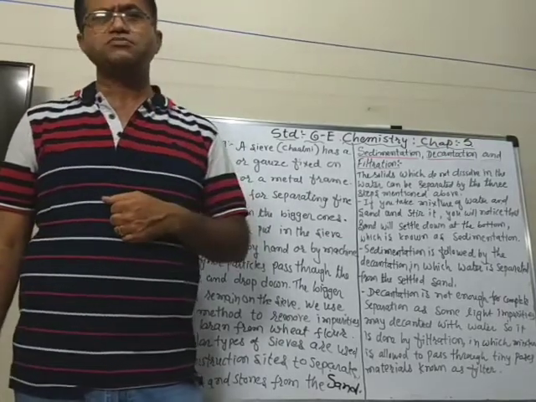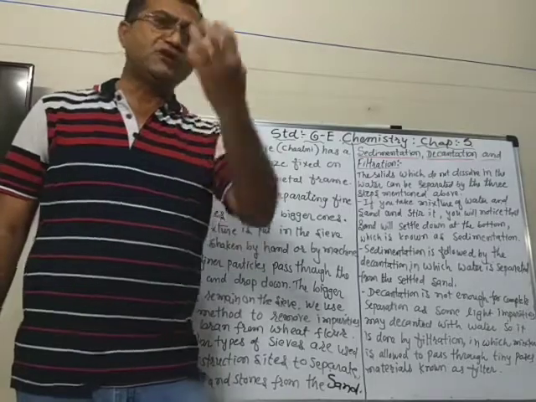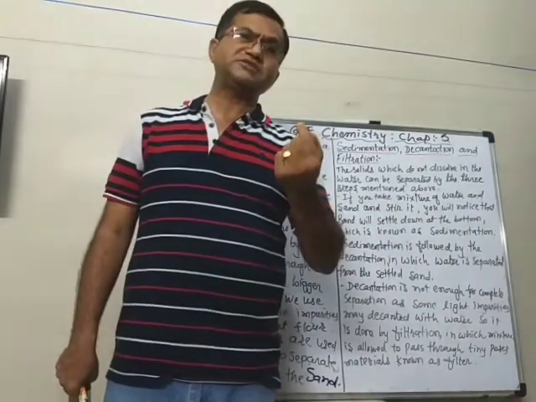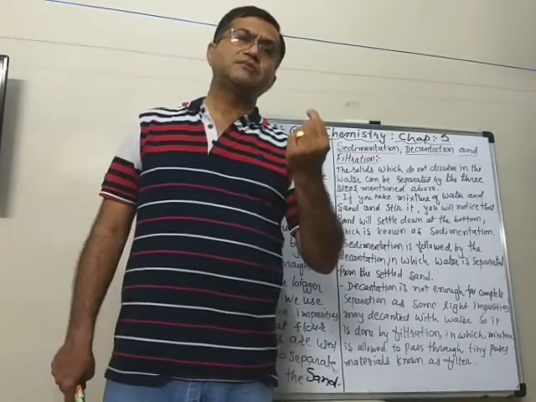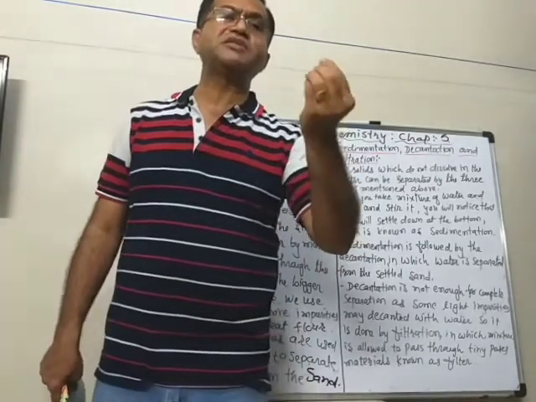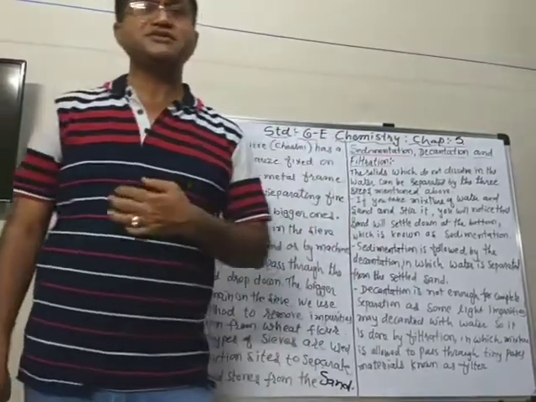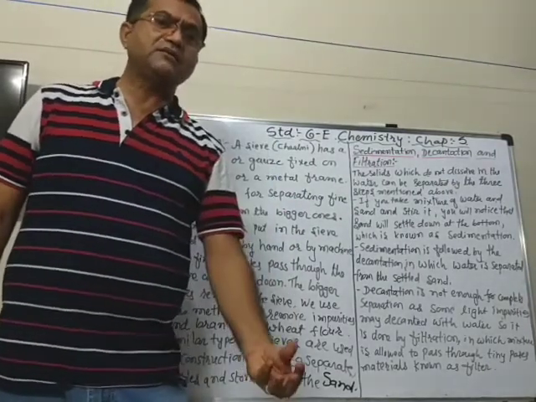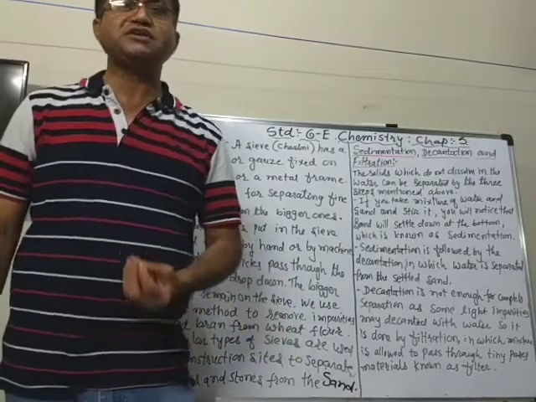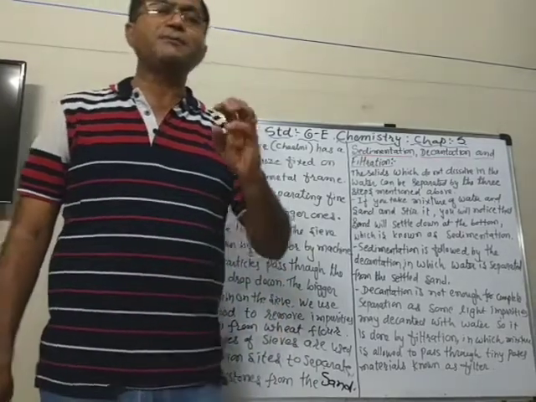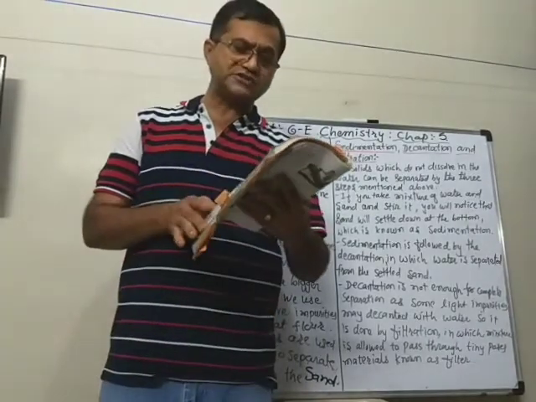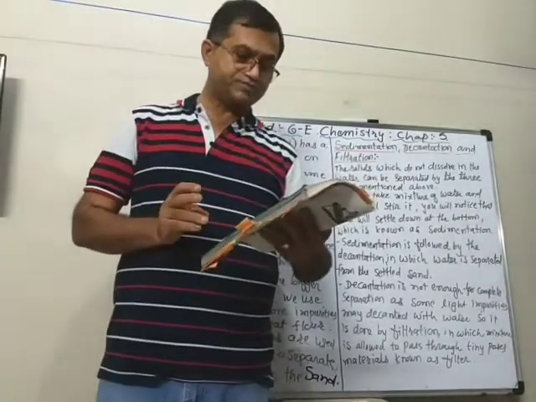The water will pass through those pores, but the impurities cannot pass because they are big in size. The filtered water is known as the filtrate, and the impurities will remain on the paper, which is known as filter paper.